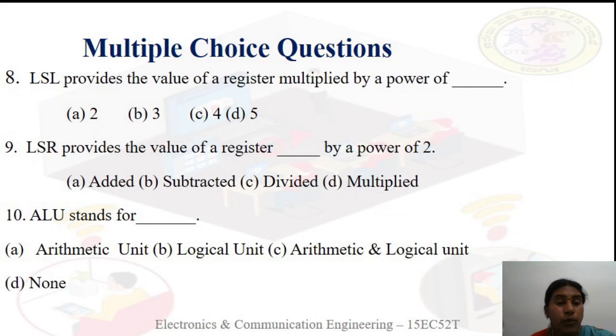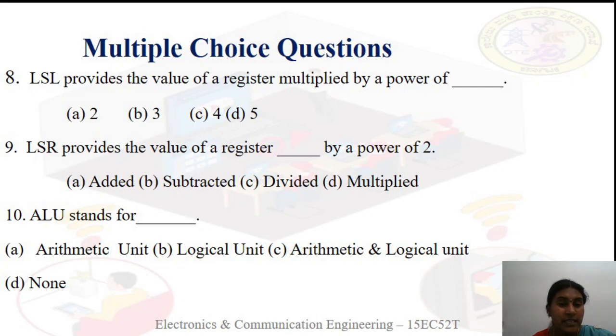Then, LSL provides the value of a register multiplied by a power of dash. Consider one point: LSL is mainly used to multiply the content of a register by 2 to the power of the amount specified. It means LSL is mainly for multiplication and LSR is mainly for division.